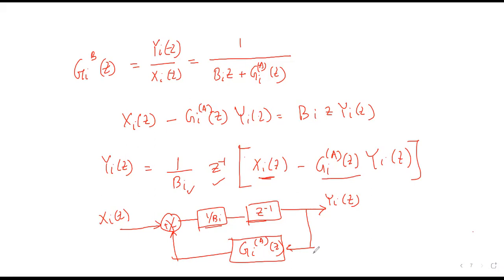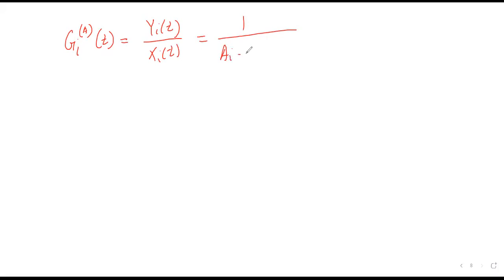Similarly, if we want to represent the G1A function, how to represent that? G1AZ at any particular output or a particular input, we can write in this way: 1 by A1 plus G2B, that is the next B value, with Z. Okay, so we don't have to find this thing again and again, but it is always better to start from where we left off.